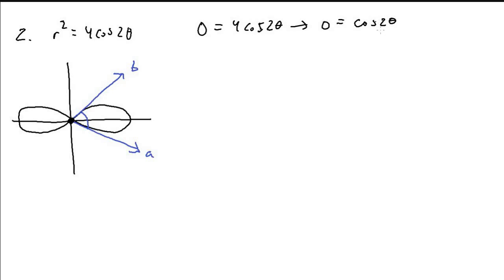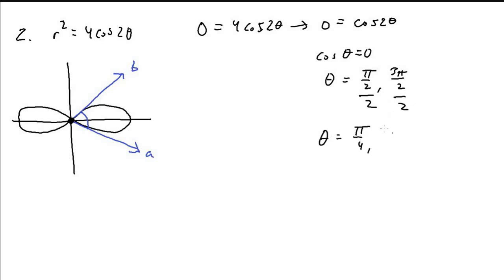Now in order to find this, I can first find where cosine of theta equals 0. So cosine of theta equals 0 at the theta values of obviously pi over 2 and 3 pi over 2. But since it's asking for cosine of 2 theta, I can divide both of those values by 2. And so our real theta values are going to be at pi over 4 and 3 pi over 4.